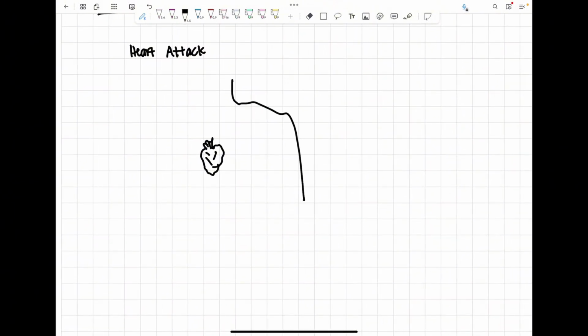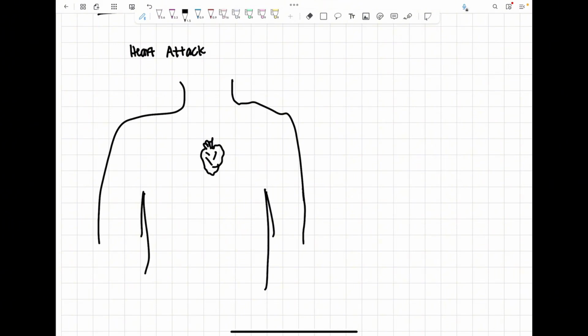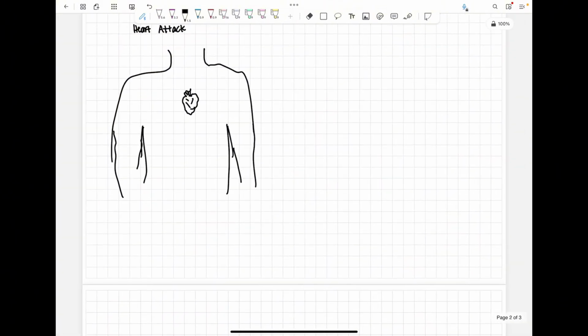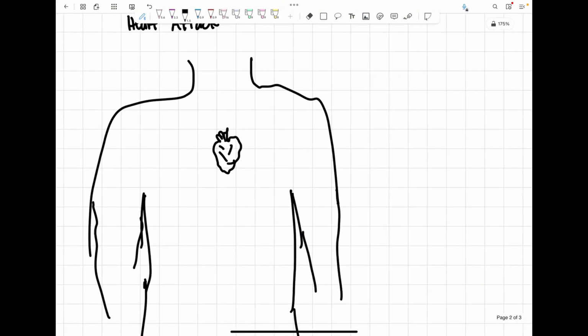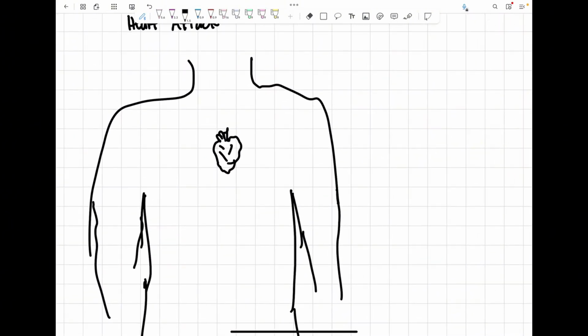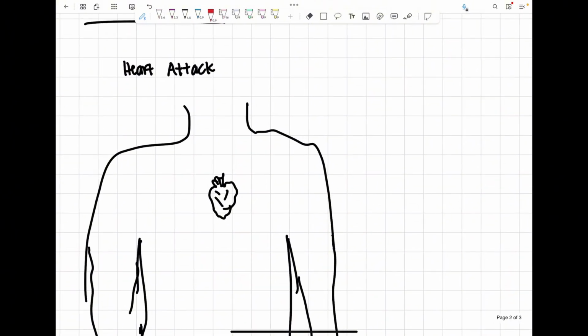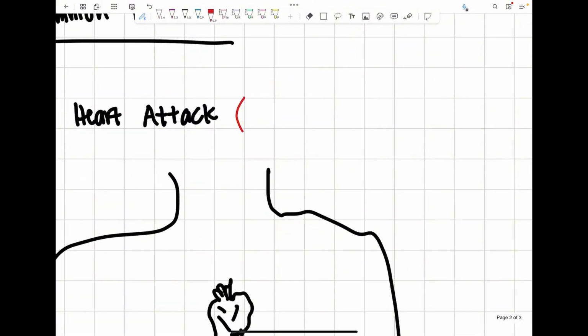So that's his or her heart. So when we say heart attack, its medical term is also known as myocardial infarction.